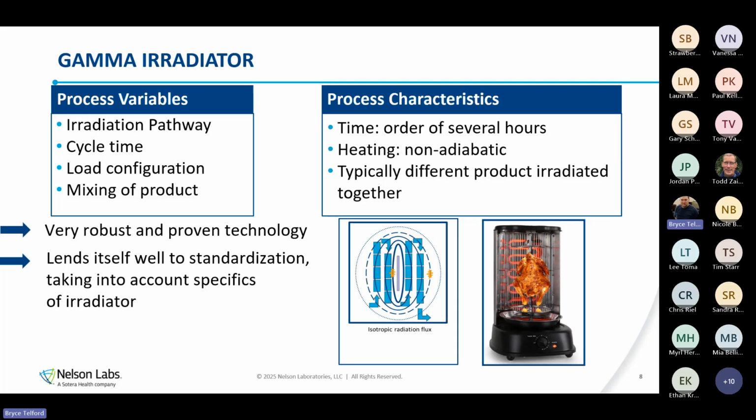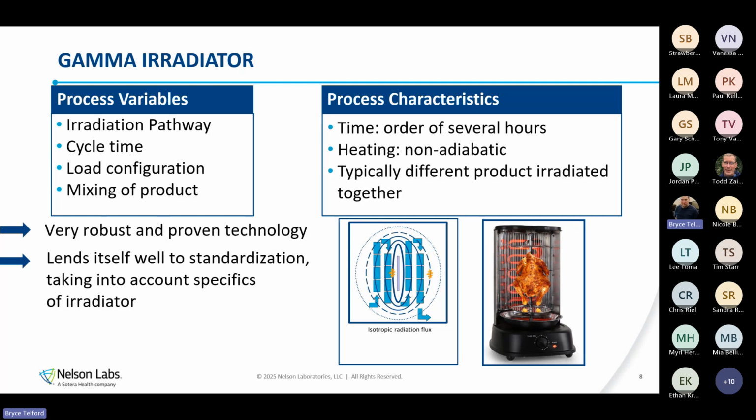And with that energy, we generally have a temperature change. Some chemical reactions are endothermic, some are exothermic. When we're pumping energy into the system, a lot of times we're pumping heat into the system with that. But since radiation is over the course of several hours for gamma, the energy going in also has plenty of time to go back out. So generally speaking, I'm not going to see a big temperature rise with gamma irradiation.